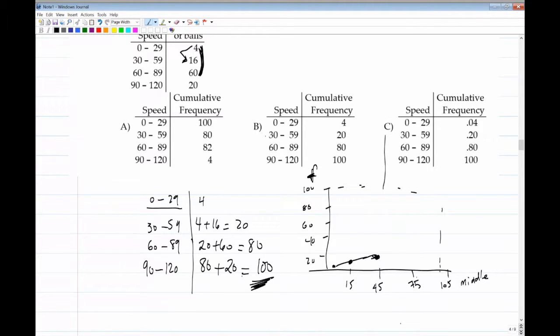Then for the class between 60 to 89, that should be 60, so it jumps to here. As you can see, it's moving up. The next class is between 90 to 120, and if we pick 105 or something close to that, it will be close to 100. So the last one should build up to 100.